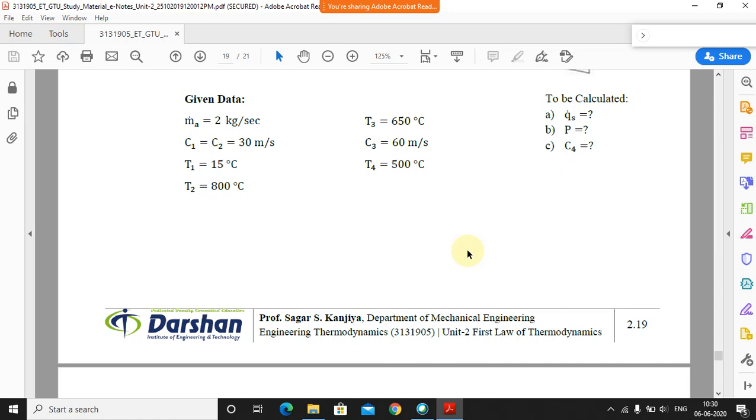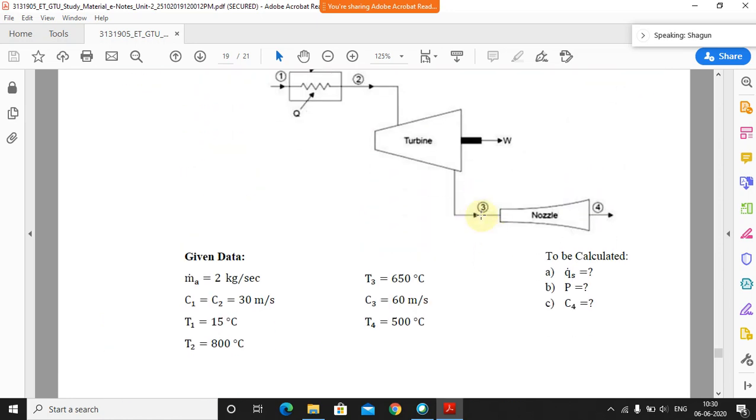H1 is not there. This is H3 and H4 because the system is at 3 and it is in between 3 and 4.